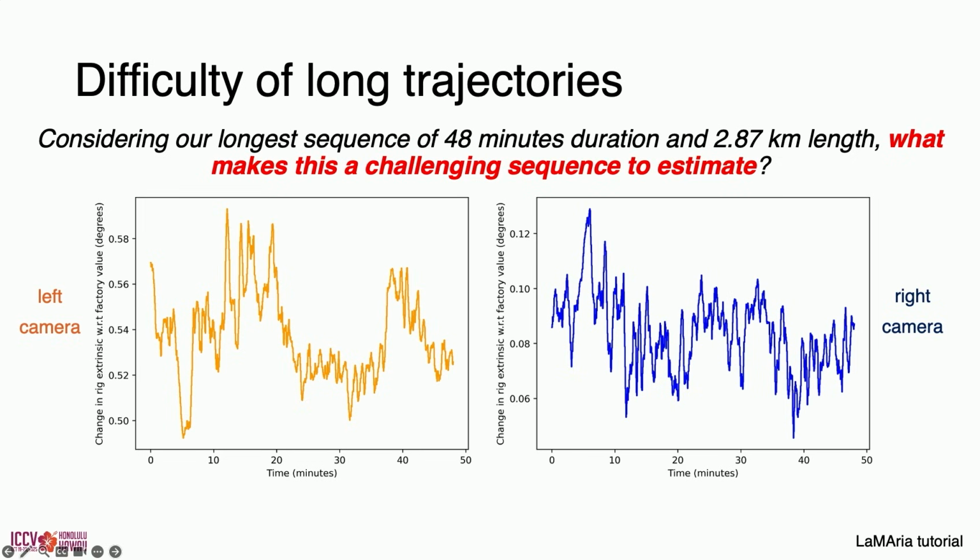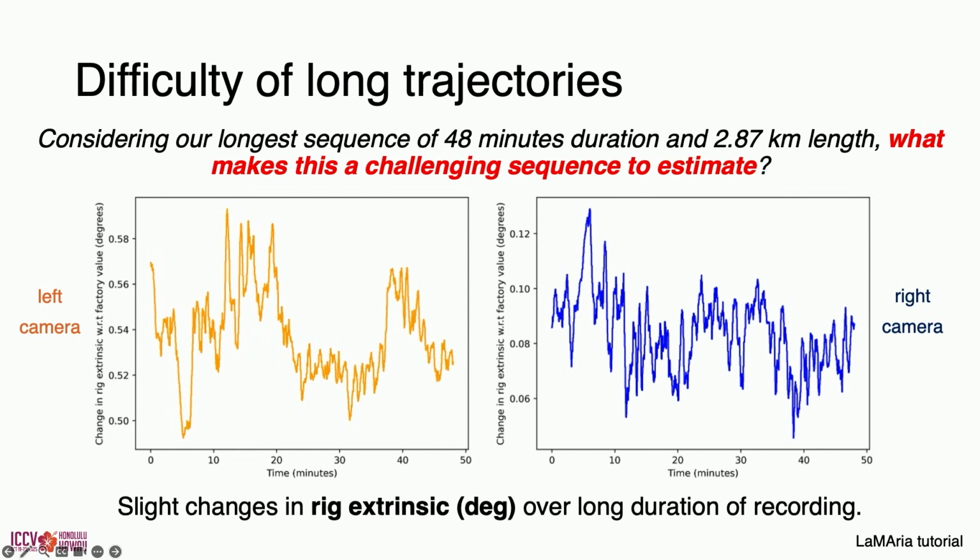Similarly, if we also check the change in the rig extrinsic, in this case in degrees, you can see that there are slight changes in the rig extrinsic. So this is also being calibrated online and optimized in the MPS solution.